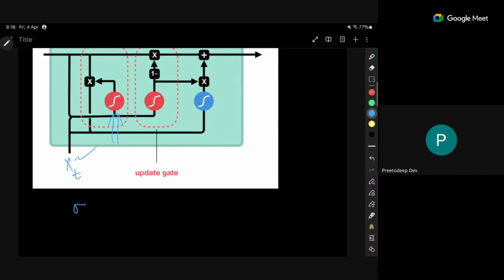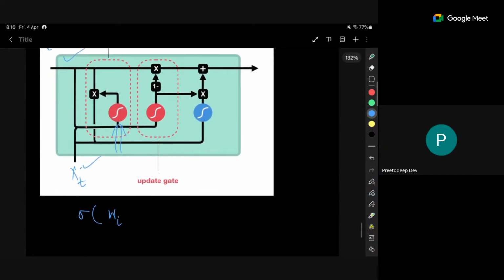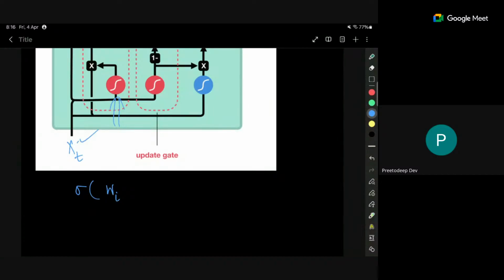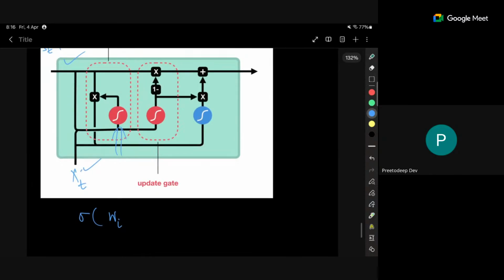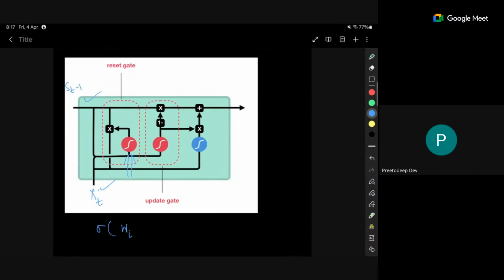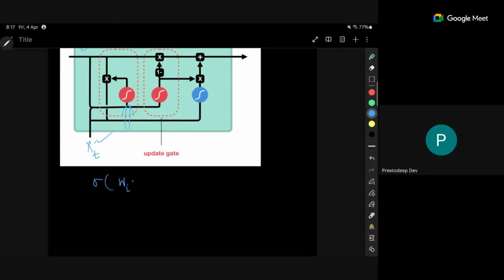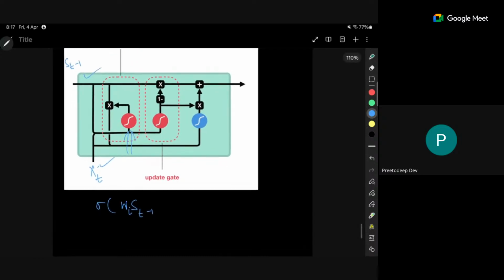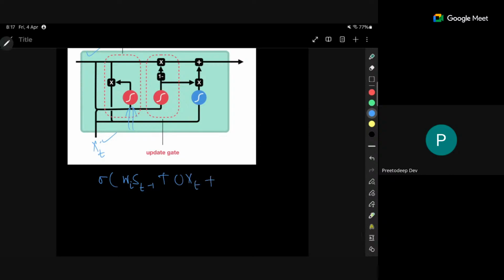So I'll do sigmoid of W_i times s t minus 1, whatever is coming from there, plus U x t going from here, and then the bias.